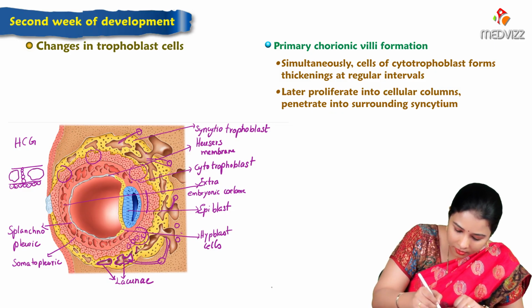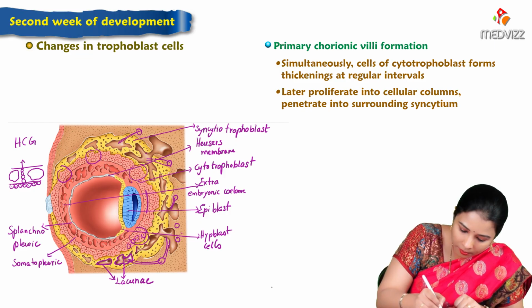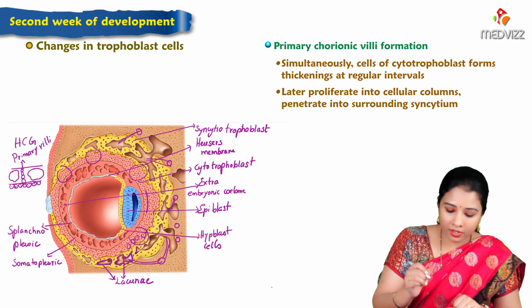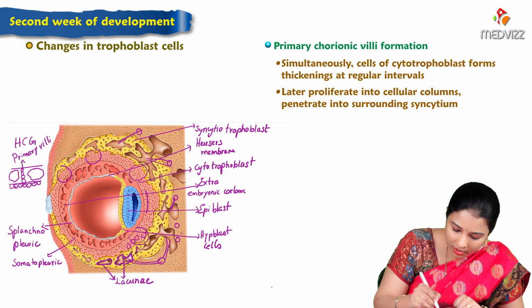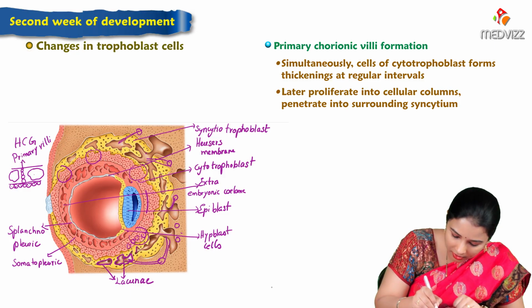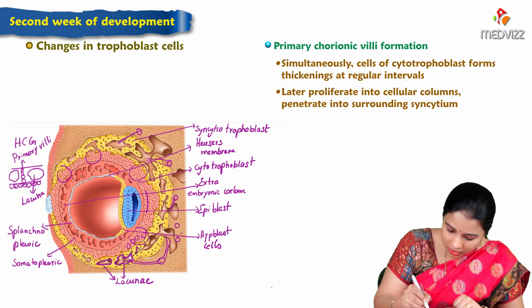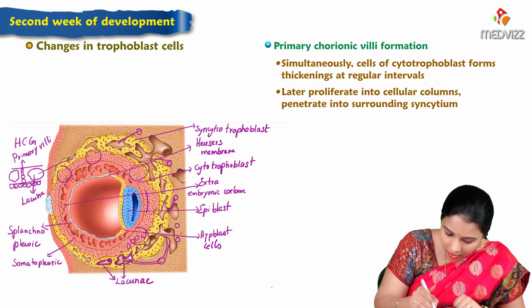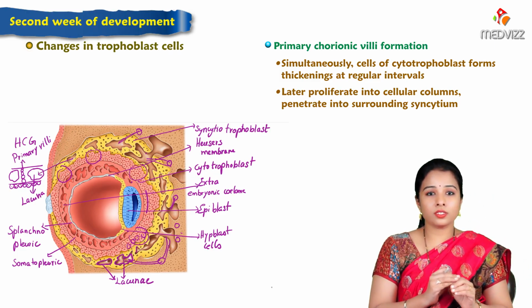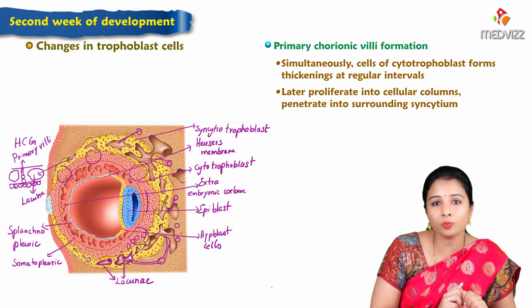Lacunae. So this is the primary villi. It is called primary villi developing in the trophoblast, that is in future it forms the placenta. This is the lacuna which we are seeing here. This is what the lacuna is, present within the syncytiotrophoblast, filled with whose blood?